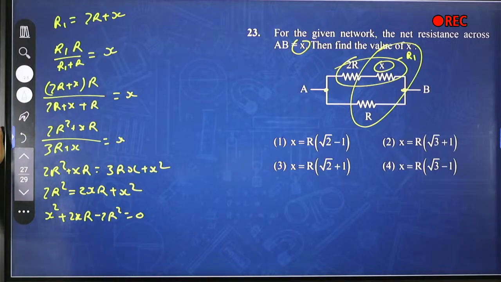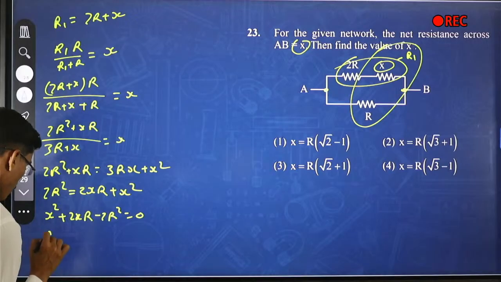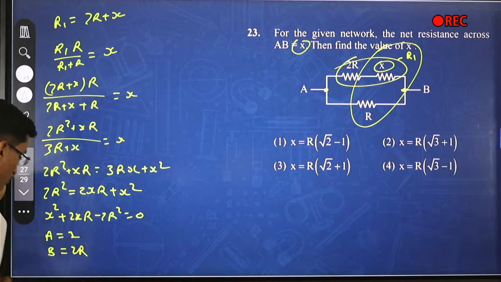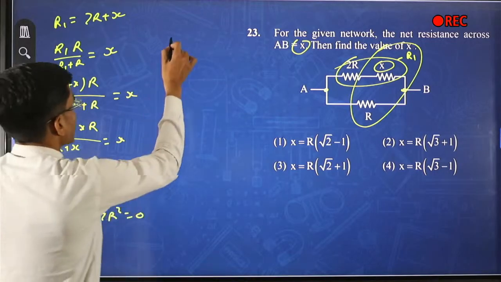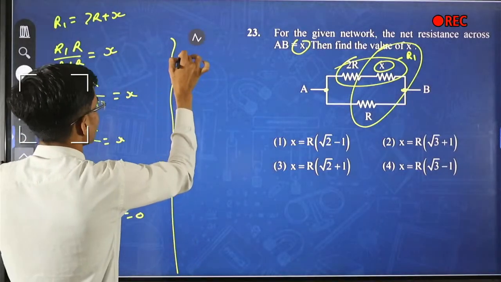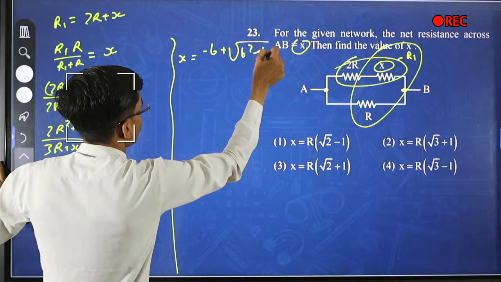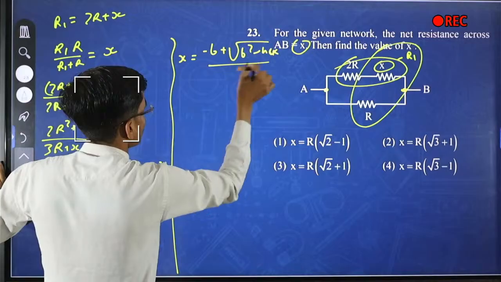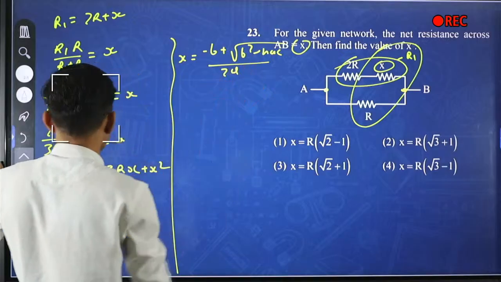So you can see that here is a quadratic equation in form of X. So we have to solve for X. From this quadratic equation, A is 1, B is equal to 2R, and C is equal to minus 2R square. From quadratic equation, we know that X is equal to minus B plus or minus root of B square minus 4AC upon 2A.